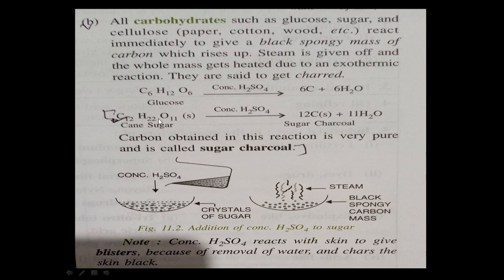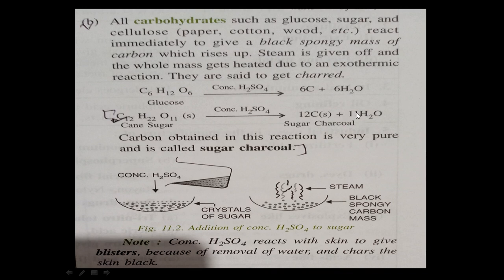Even cane sugar reacts with concentrated sulfuric acid to give sugar charcoal and water. Water will be evaporated. As soon as you put concentrated sulfuric acid on flour, the flour converts to black color. It will be totally dehydrated.